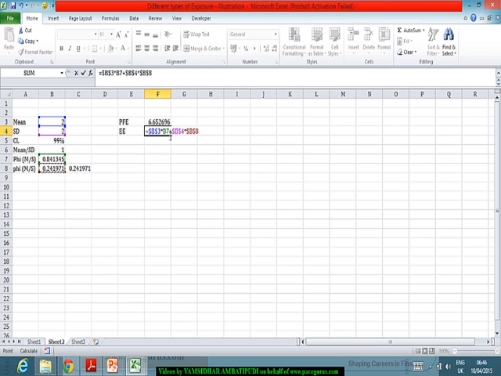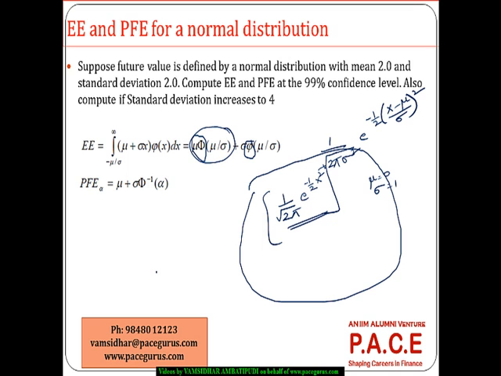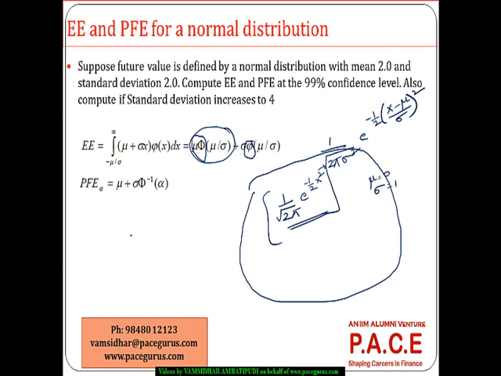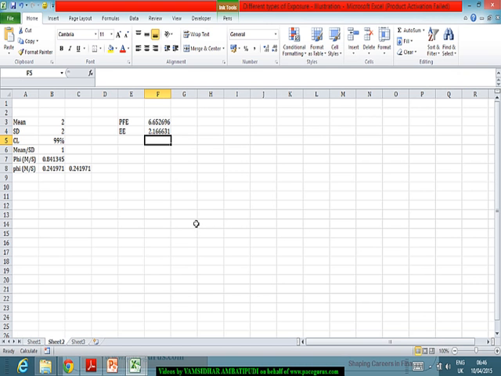As a capital phi of that, small phi of that, it gives me that the expected exposure is somewhere around 2.16. So in this case, for that 99% confidence interval, I see that my PFE is somewhere around 6.65, and the expected exposure is somewhere around this.